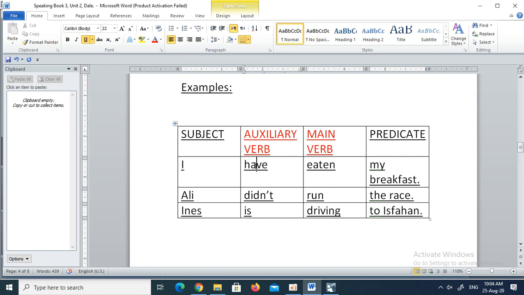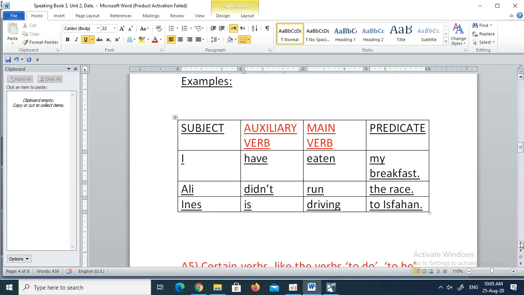So to have is an auxiliary verb here. To do is an auxiliary verb here. Didn't is a form of the verb to do. Is, which is a form of the verb to be, is an auxiliary verb here. It is auxiliary because there are two verbs, and it is the one that comes first.